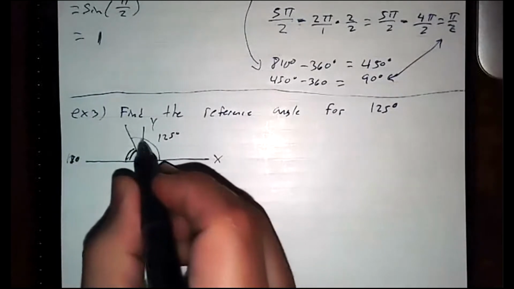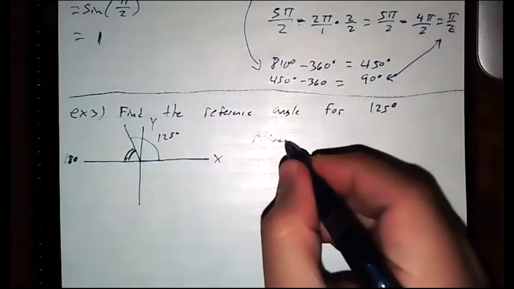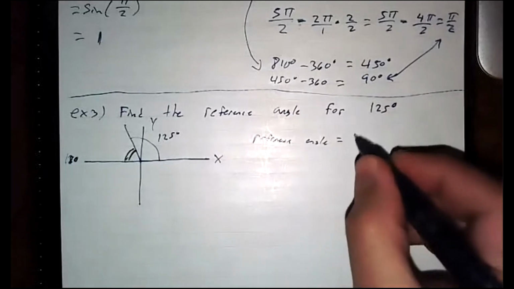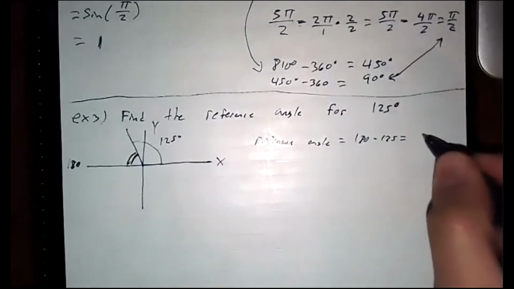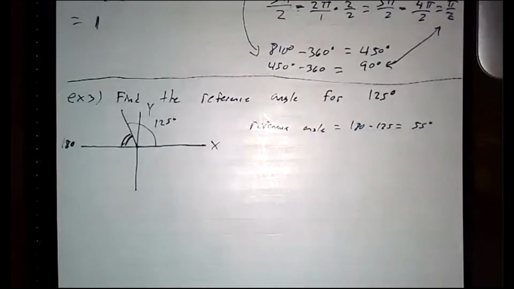So how much further do I need to go? Well, you would subtract. So the reference angle for that quadrant would be simply 180 minus 125. Does that make sense?